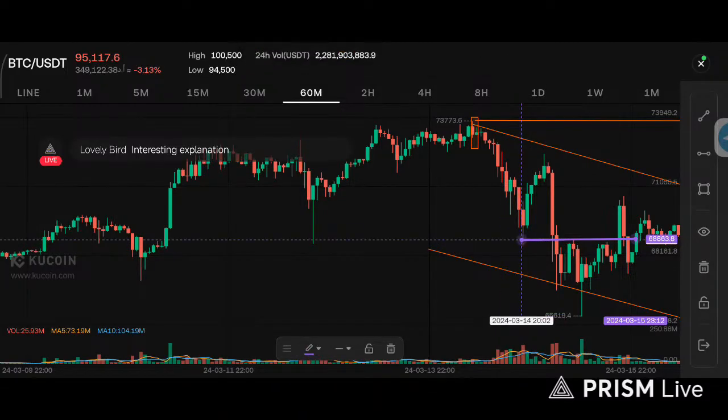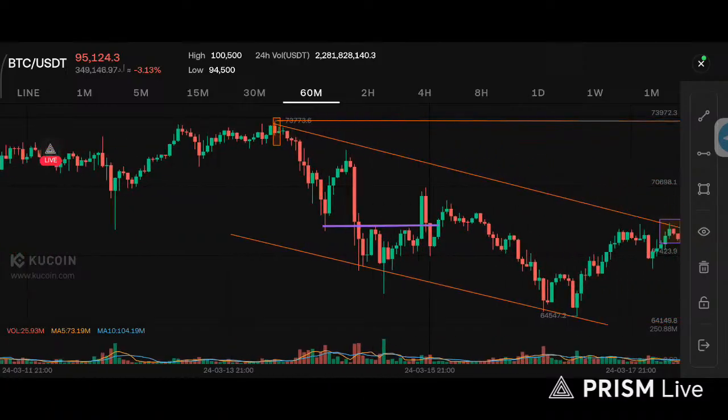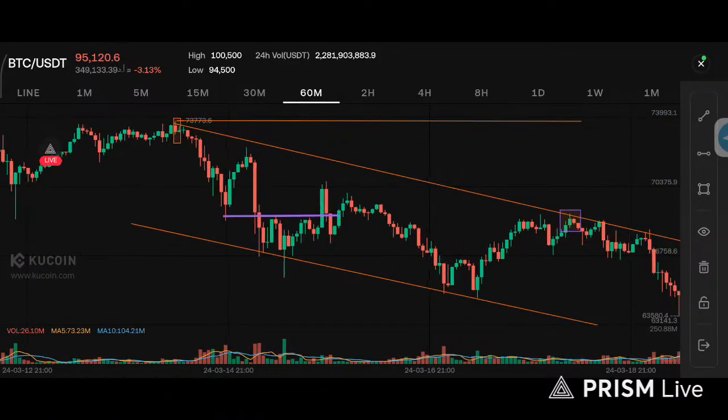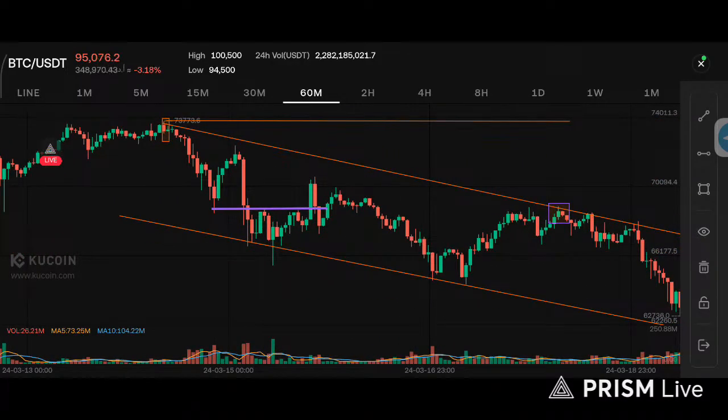Have you seen it? After that, we now form another lower low, which is this one here. Now what happened to the market? The market went up, and came down again.